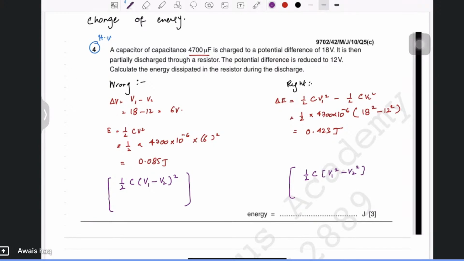If you look at both of them, this one belongs to the math function of a minus b whole square, which is opened up as a square minus 2ab plus b square. And this one is a square minus b square, which is opened as a minus b times a plus b. Both functions are different. So you're not supposed to find the change in voltage, you're supposed to find the change in energy, and that's how you do it. Is it clear?